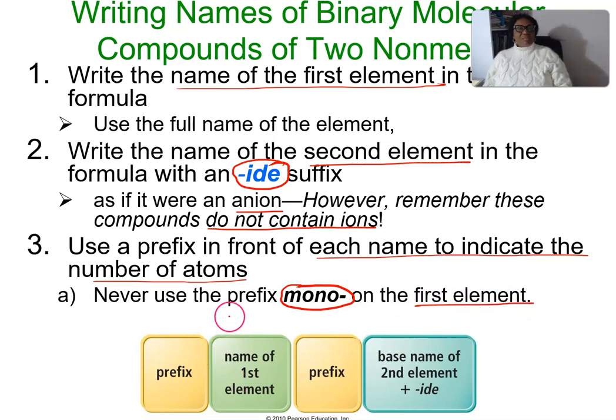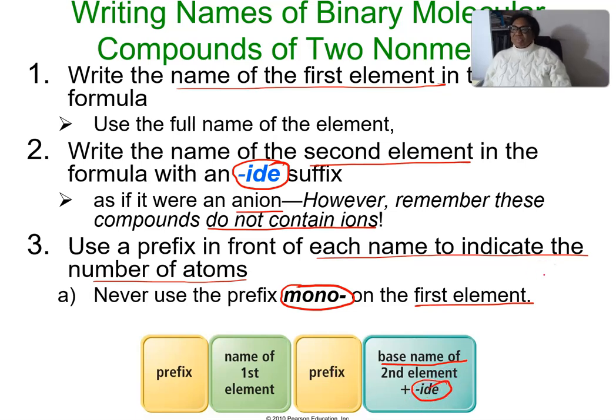So if we have to name a binary molecular compound, put a prefix, except that you will not put mono. You can put di, you can put tri, any other one, but not mono for the first element. The name of the first element remains unchanged. Then you put a prefix to determine the number of atoms of the second element. Then you write the base of the name of the second element plus IDE.